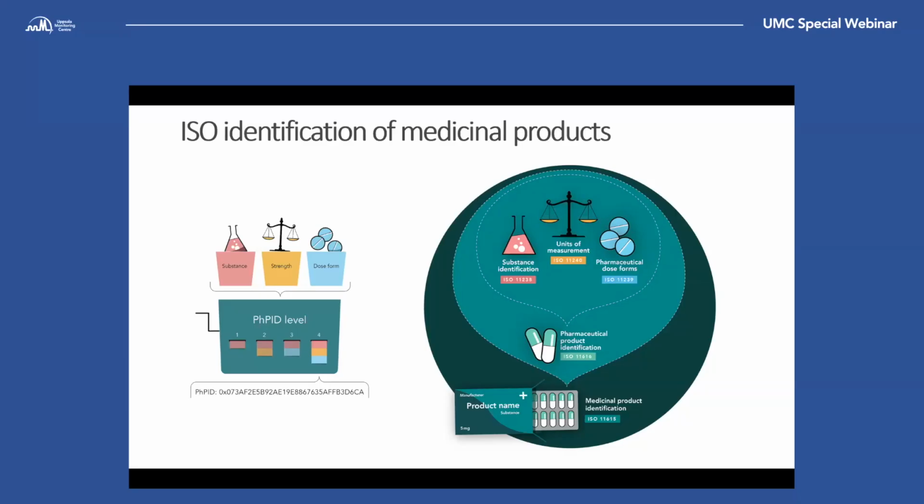And this PhPID, as we call it, that's described there, as you can see to the left, you have 4 different levels, and we'll get back to that a bit more.